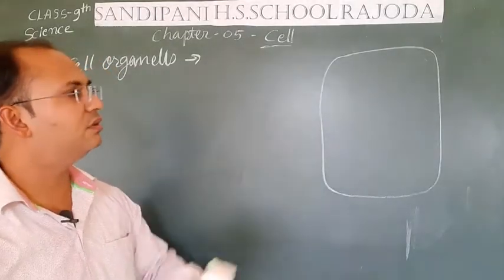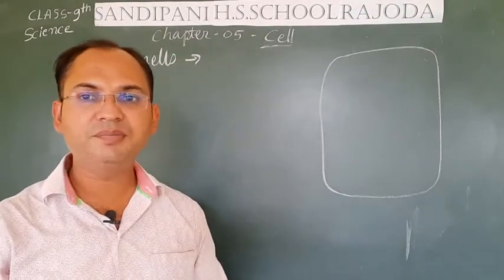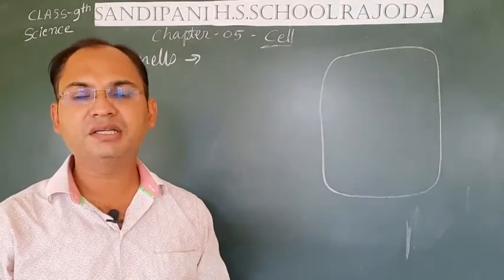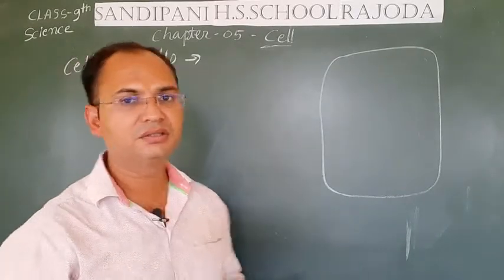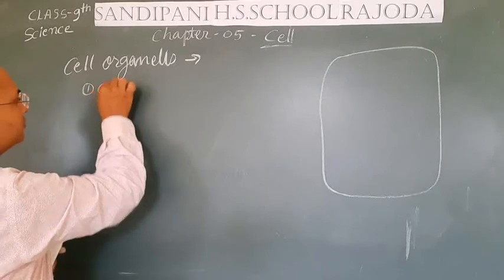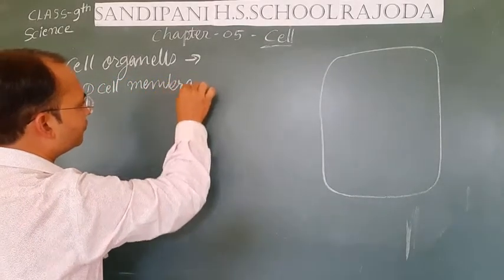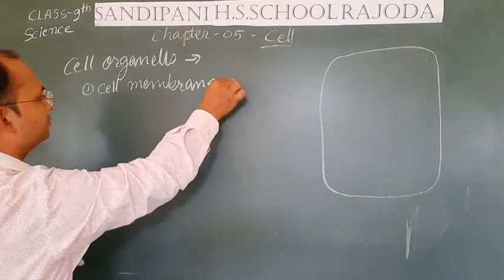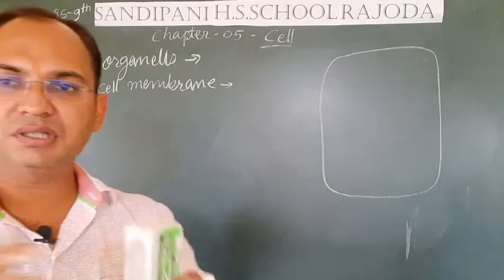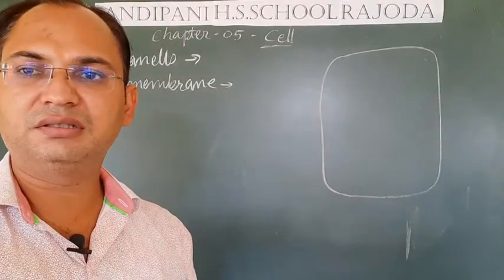First of all, the outermost covering of a cell that binds all the cell organelles as well as the protoplasm is called the cell membrane. So the very first cell organelle is the cell membrane.